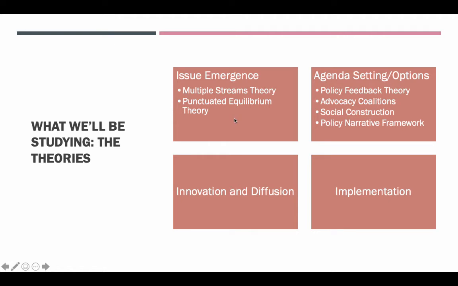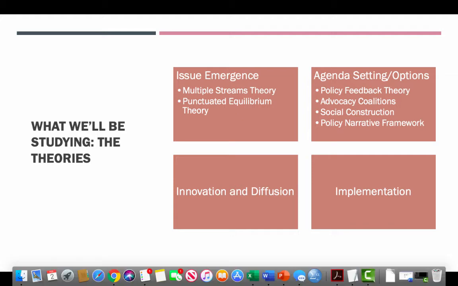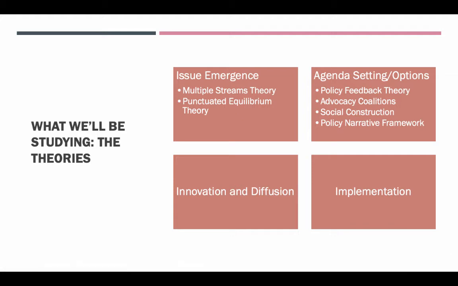When do issues become important enough to garner attention on the policy-making stage? There are a couple of theories of that we will look at over the next couple of weeks. One is called multiple streams theory, the other is called punctuated equilibrium theory. Both of them tend to provide an answer to the question of when do we start to pay attention?